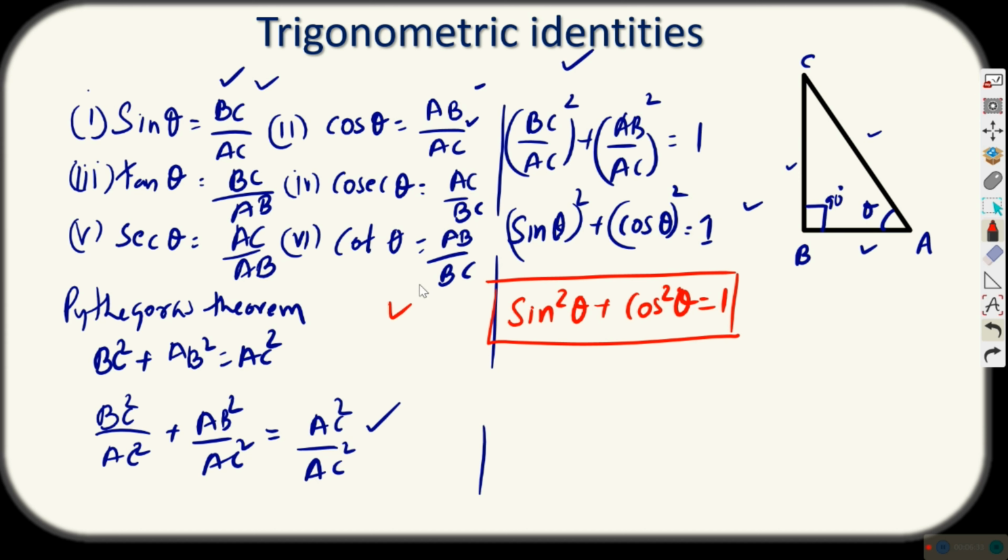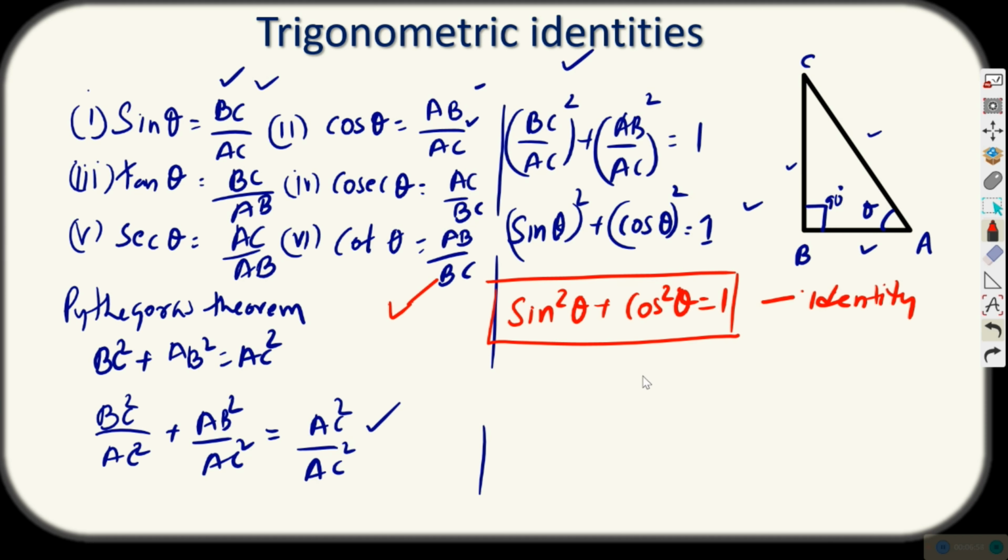How? This way. This is our proof. Nobody will ask you the proof, but you will not learn anything without proof. That is the nature of a mathematics student. So we got sine square theta plus cos square theta is equal to 1 as a new identity. Please keep this in mind.